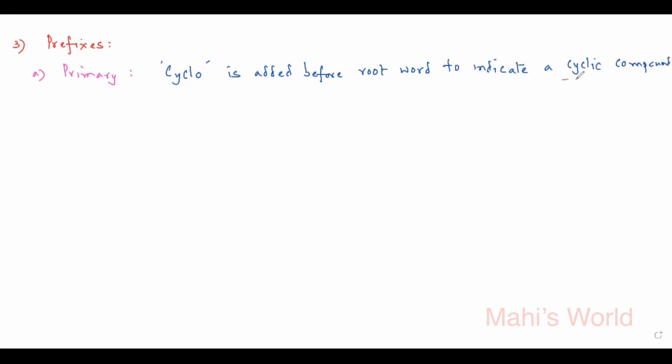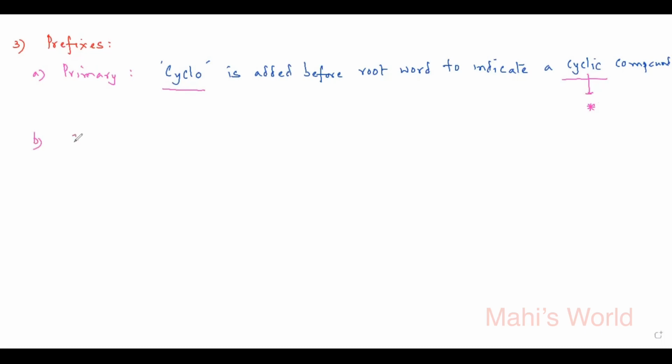In case of ring chain compounds or cyclic compounds, we use this primary prefix only in case of cyclic. It is not used in case of acyclic compounds. Acyclic in the sense having no cyclic structure or ring chain kind of structure.